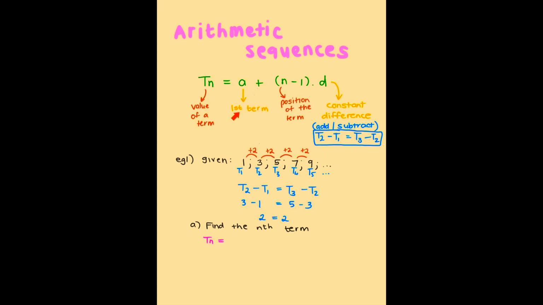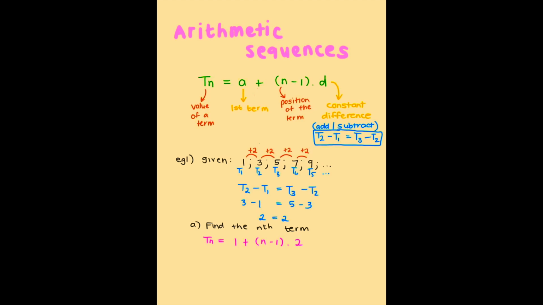A was the first term. In this question, the first term's value is 1. So it's A plus n minus 1 times D, the constant difference. We've already determined that our constant difference is 2.